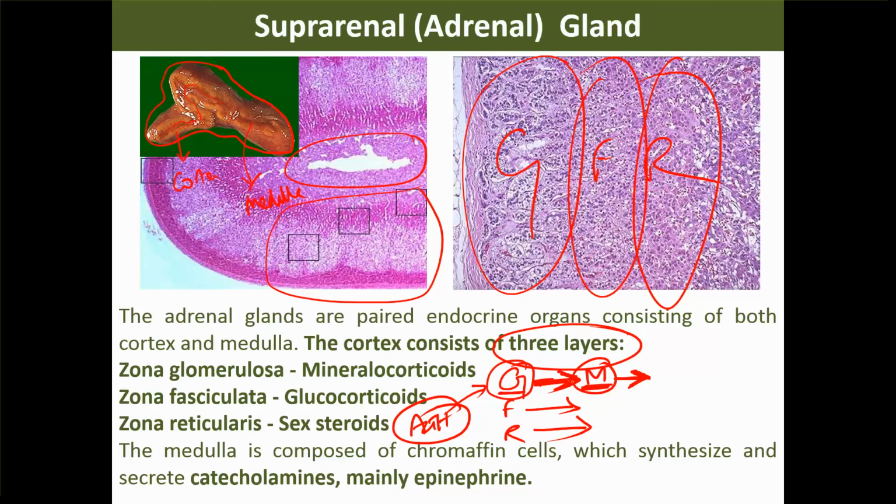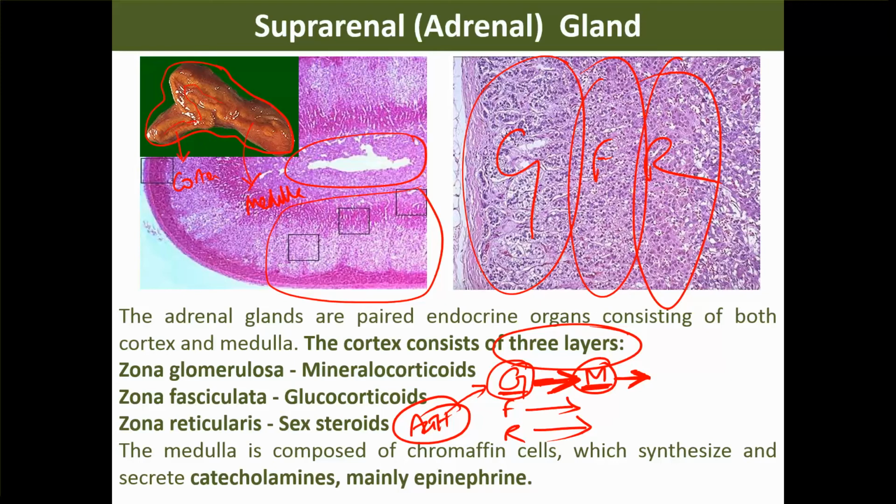So you can keep it like it drives us. GM is the motor company, so it is like driving. If you remember this GM, you can easily remember the rest of the things I am going to say. Zona glomerulosa is the one which drives like GM cars: glomerulosa, mineralocorticoids.